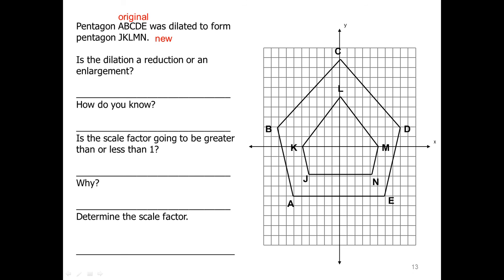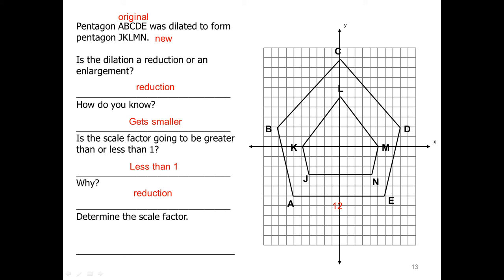So the first thing I want to say is is it a dilation, a reduction, or an enlargement? You should be able to just look at the two figures and say, well, it has to be a reduction. How do we know? It gets smaller. Is this scale factor going to be greater than or less than 1? You should realize it's going to be less than 1 because it's a reduction.